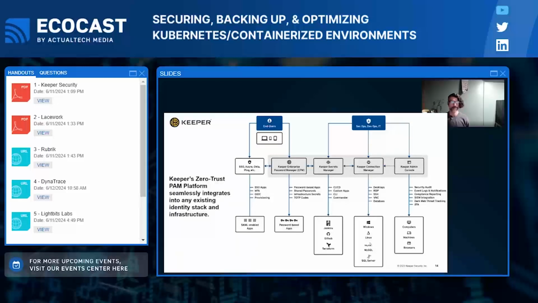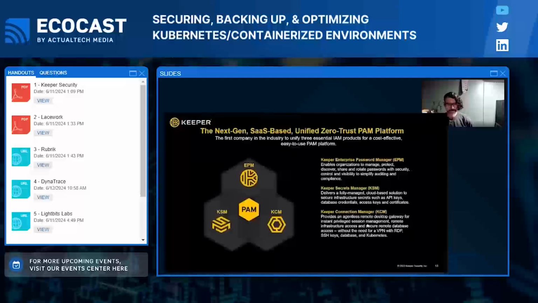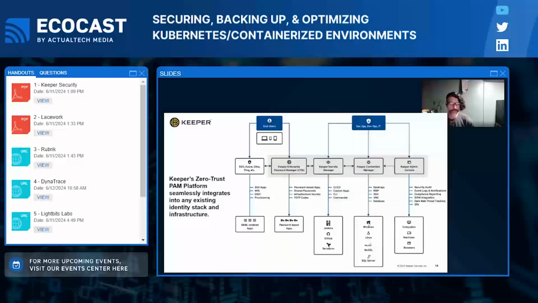Protecting those connections is important, and Keeper Connections Manager does just that. Protect the credentials and share the connections out to critical systems, information, and infrastructure in a secure, compliant, secretive fashion, right? Connections without your end users knowing what that information is or those credentials.